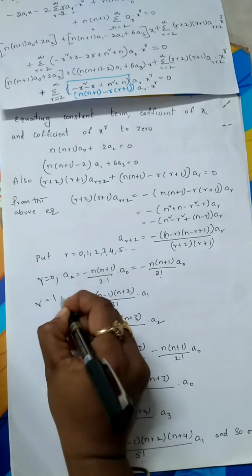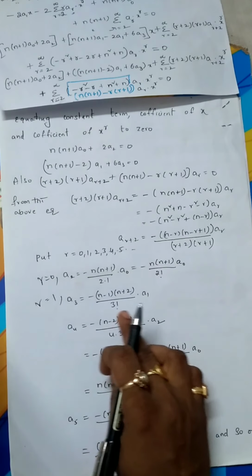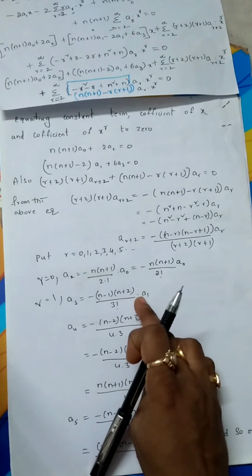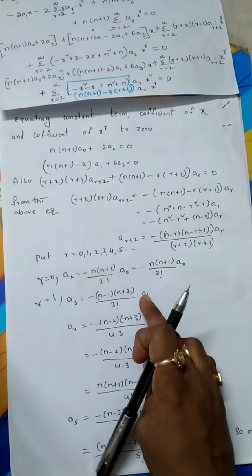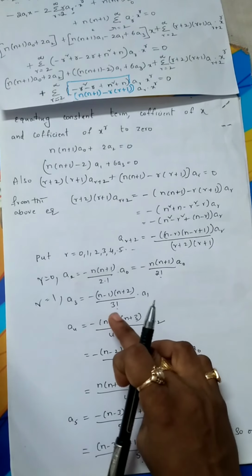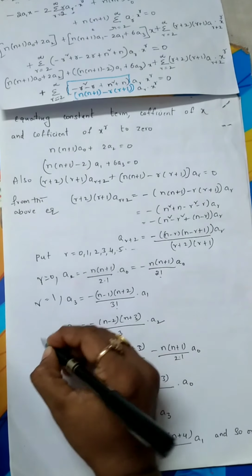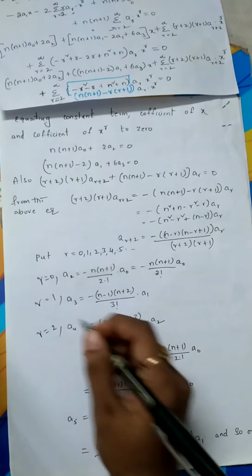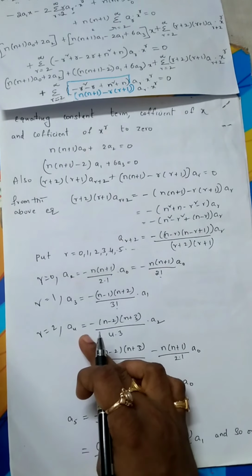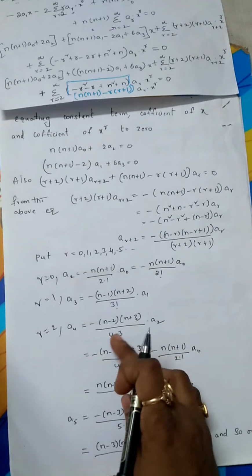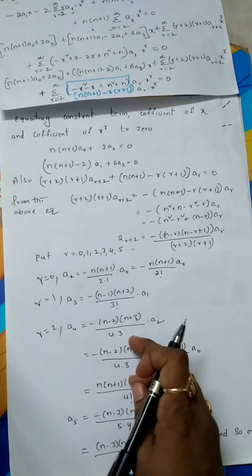If r equals 1, then a3 equals -(n-1)(n+2)/3! a1. If r equals 2, a4 equals -(n-2)(n+3)a2/(4·3).